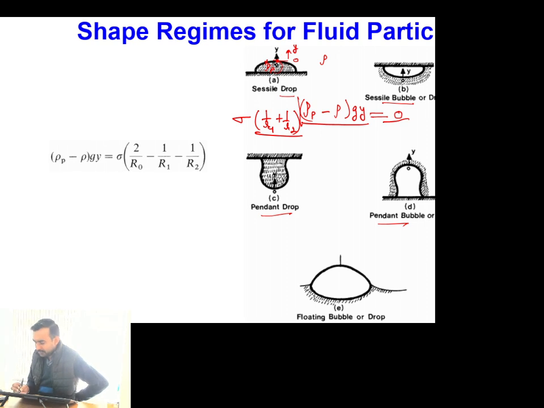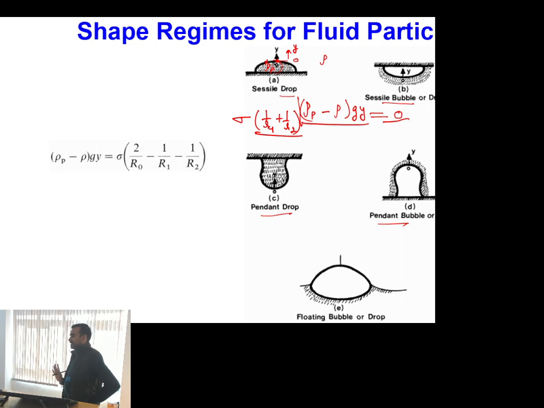So R1 will be equal to R2, and let us consider it is equal to R0. All are clear with this point? So the pressure change because of the surface tension at this point will simply become 2 sigma by R0.